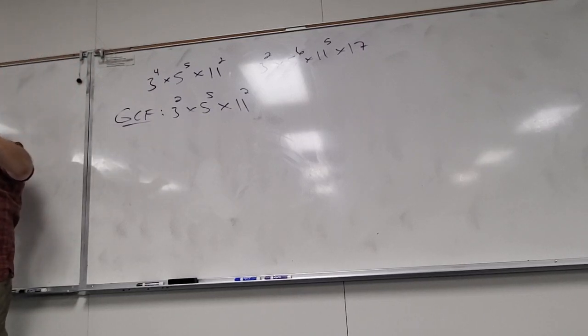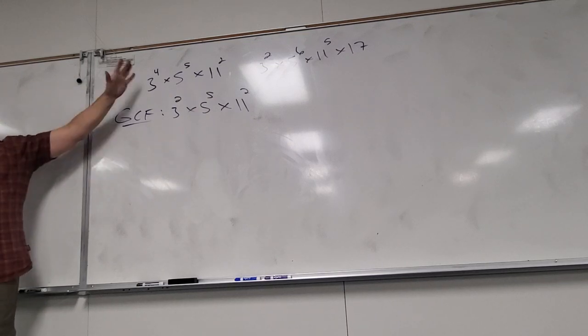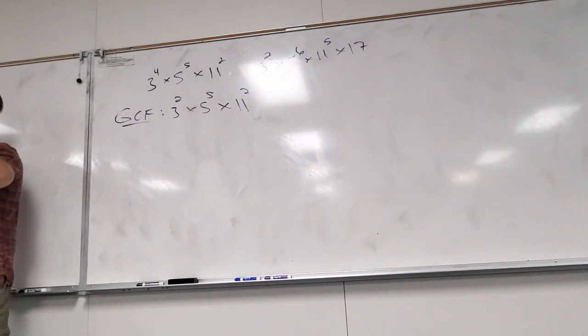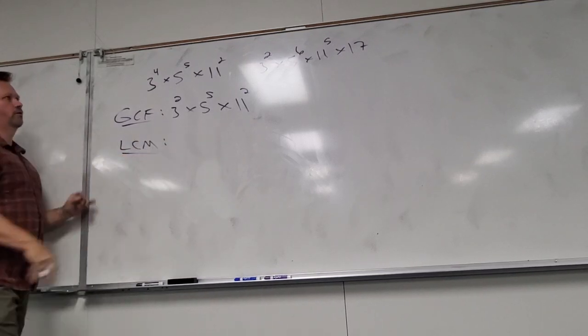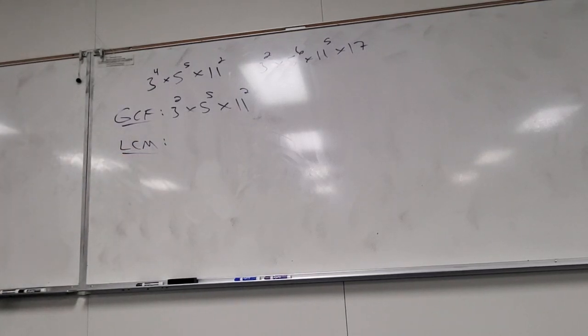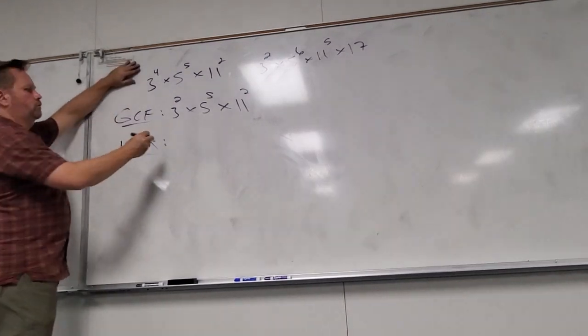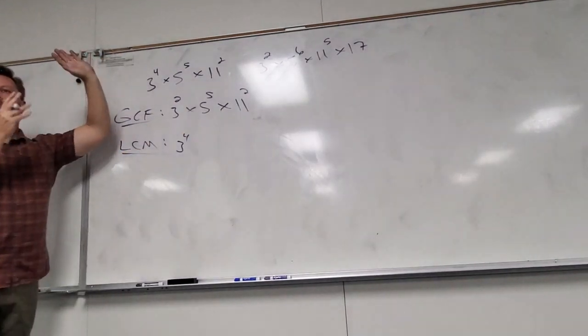I like it. LCM, and this idea of shortcuts is too beautiful, because LCM is just the opposite. It says, I'm going to take the biggest power from both. So what's the biggest power between the 3s? Now, do you understand why that works?